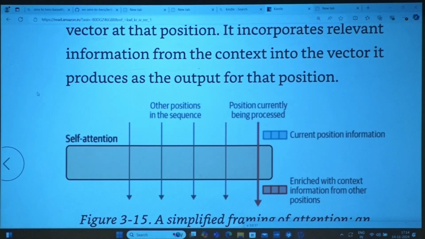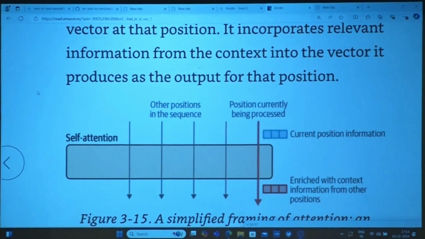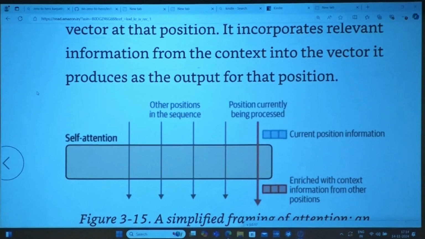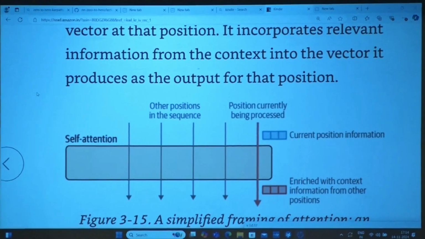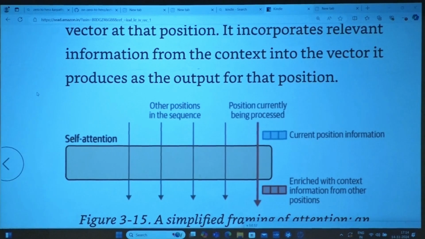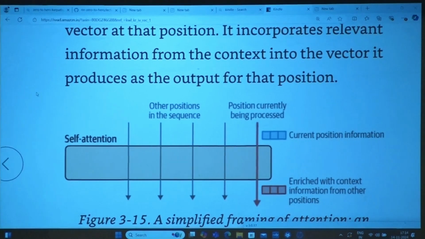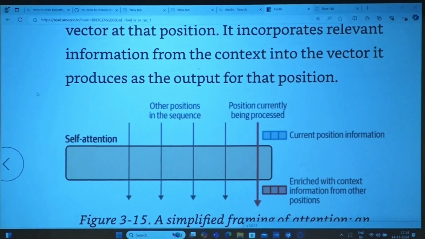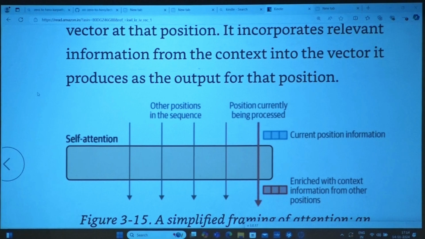So now you are looking at an attention layer. It can be anywhere. How many attention layers are there? Hundreds. Each thing is in hundreds. You are seeing there are positions in the word, and currently we are processing, let's say, the last word. Let's imagine we are at the last word.